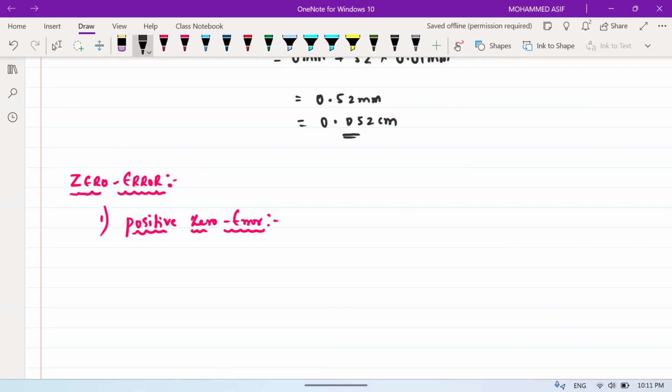So what do you mean by positive zero error? If the zero of the circular scale is below the reference line, or I can say when the zero of the main scale is visible, that will be your positive error. Am I clear?